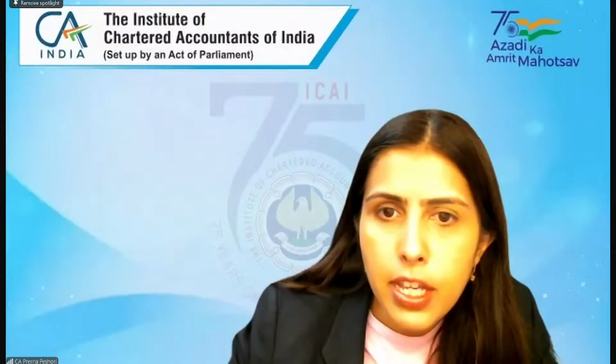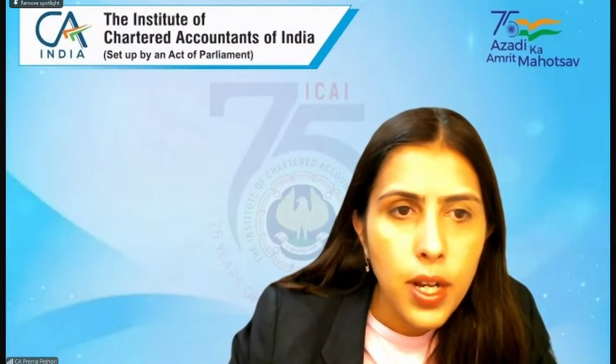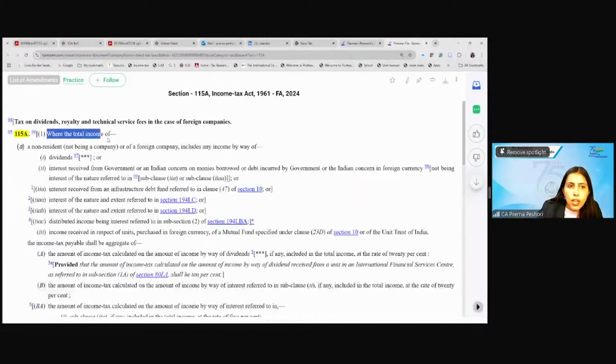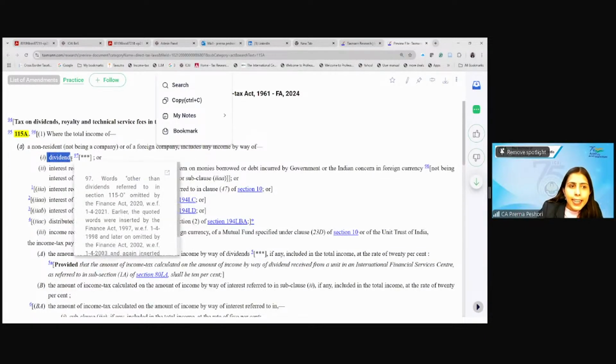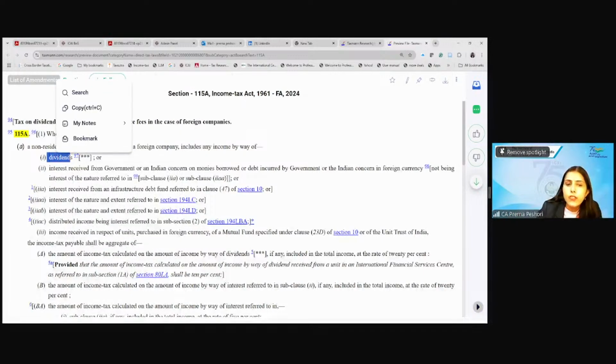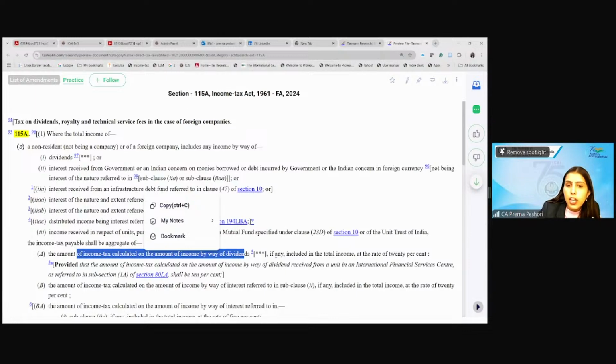So let me take you to 115A to understand the tax rate. Where the total income of a non-resident or a foreign company includes any income by way of dividends, the amount of income tax shall be calculated on the income by way of dividends, if any, included in the total income at the rate of 20%.